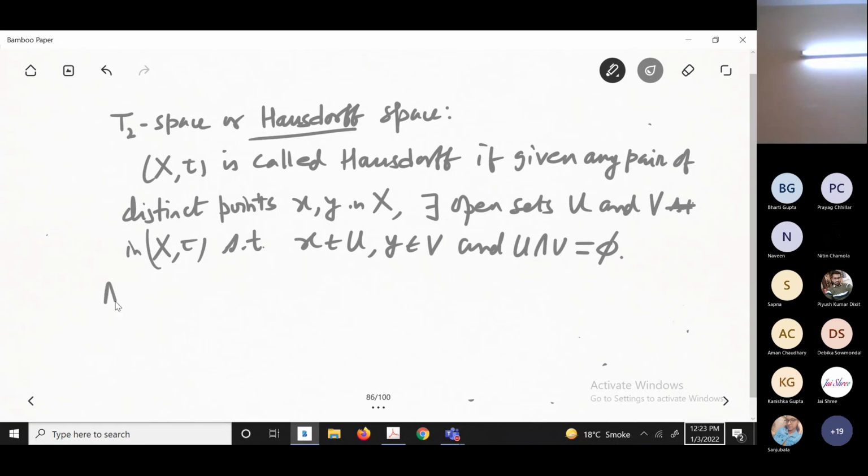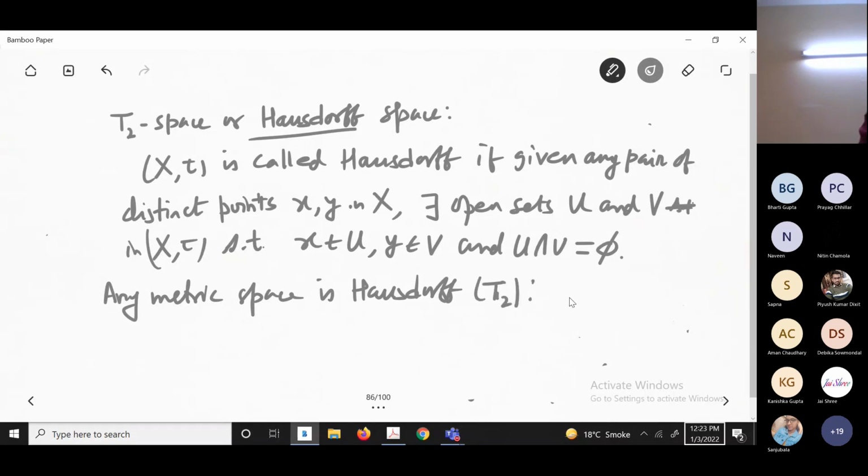Any metric space is Hausdorff. This is T2.